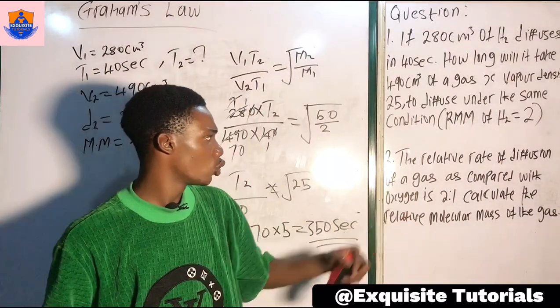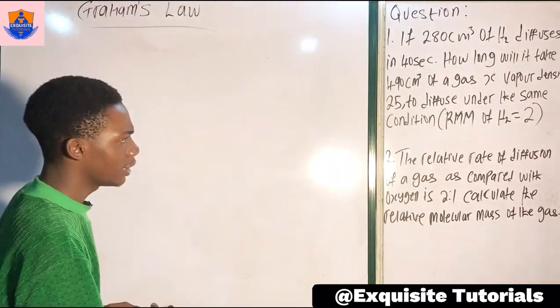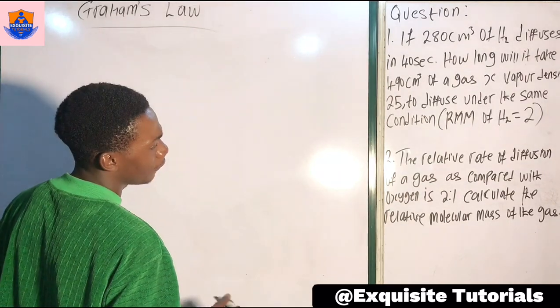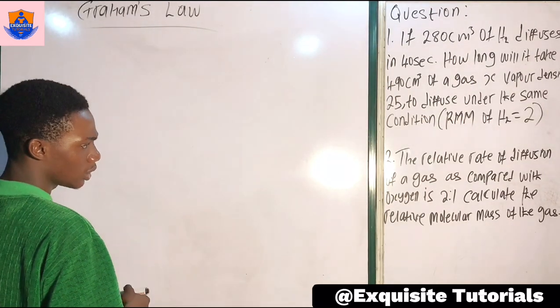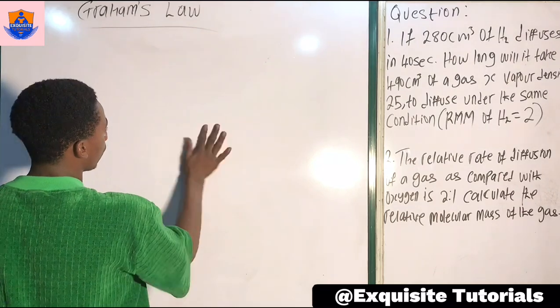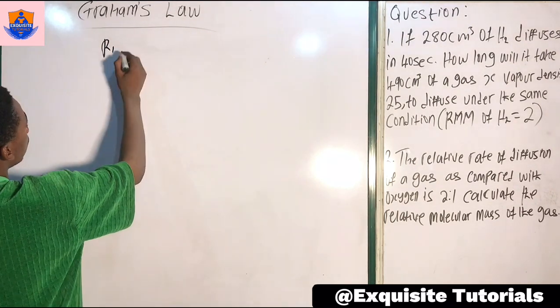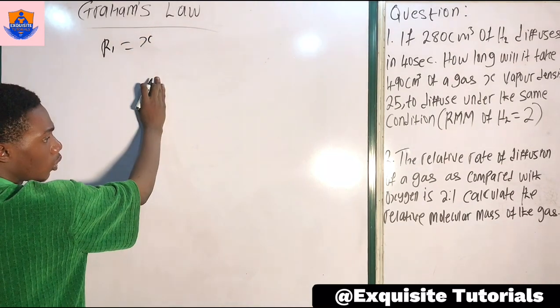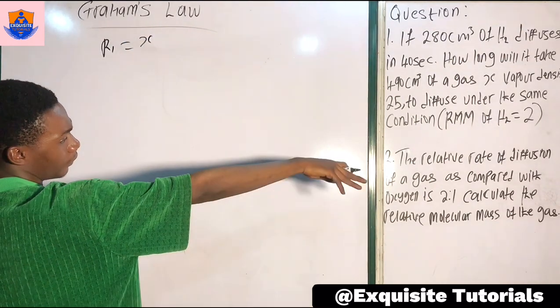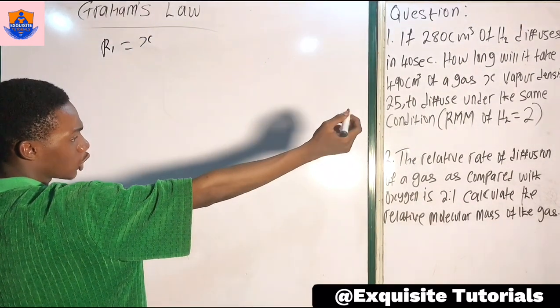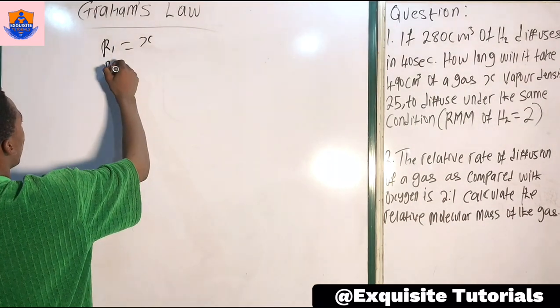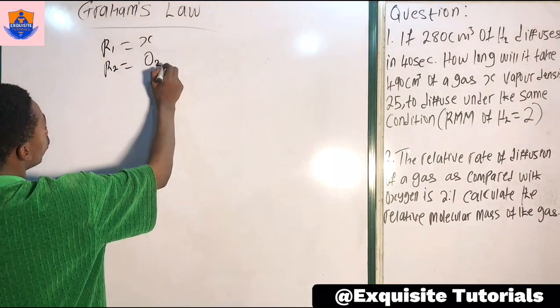Alright, so now let's go to question 2. This is question 2: the relative rate of diffusion of a gas as compared with oxygen. So the gas R1 is unknown. R2 is O2.